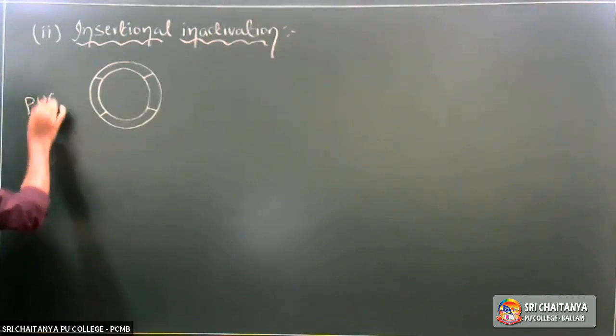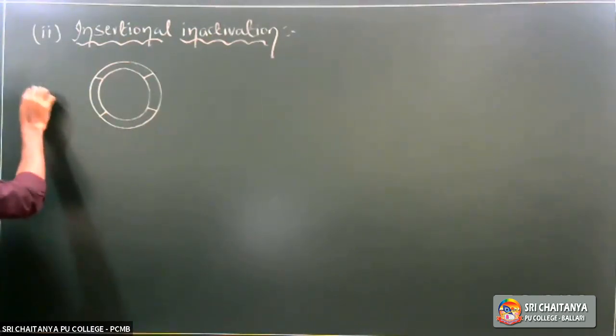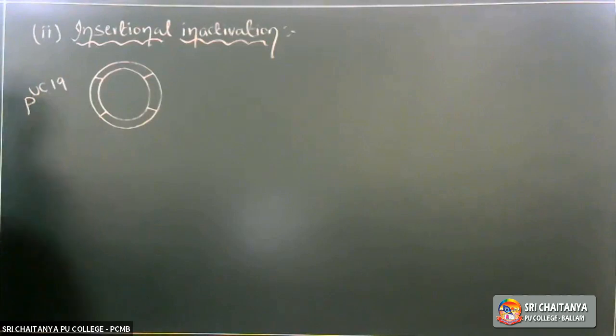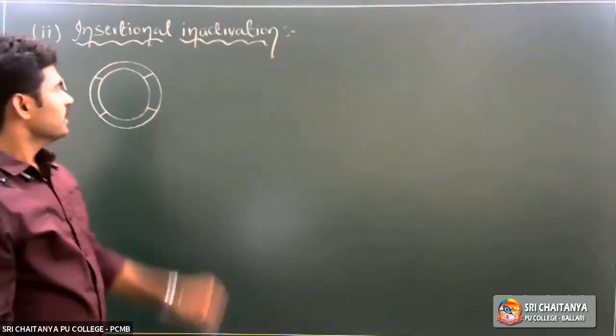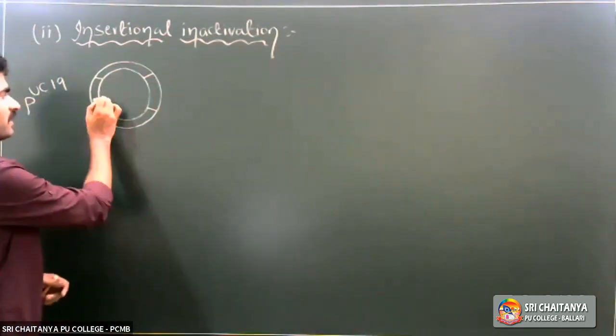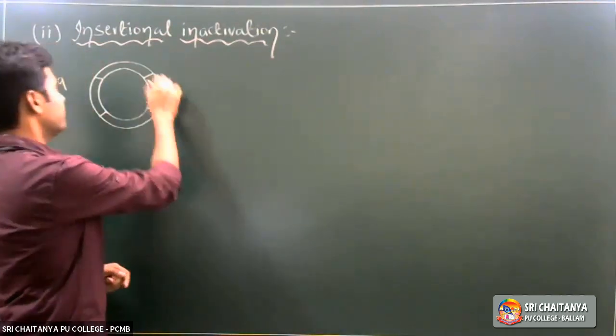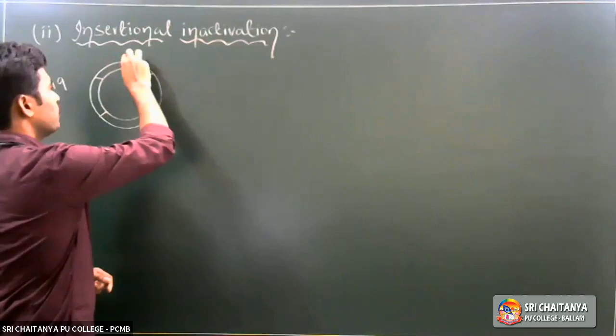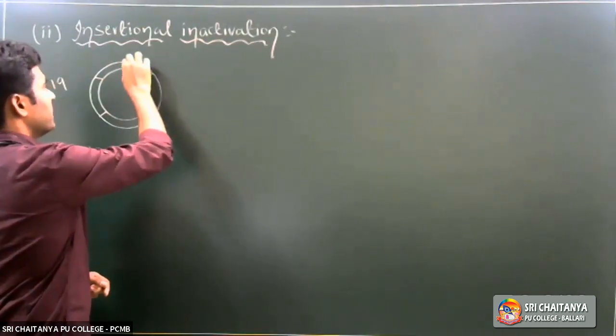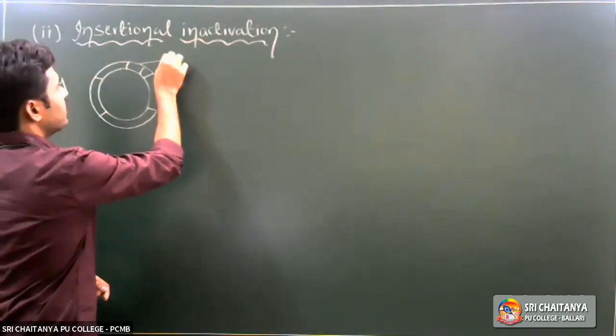Imagine the pUC19 vector. In that vector, there is the ampicillin resistant gene and the tetracycline resistant gene. In addition to those selectable markers, it has the B-Gal sequence.